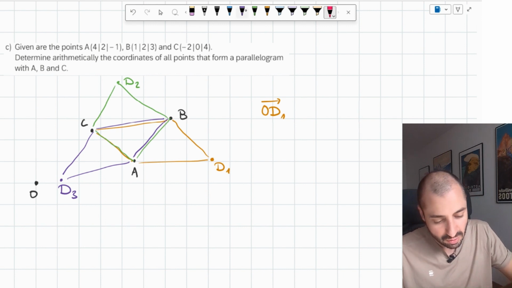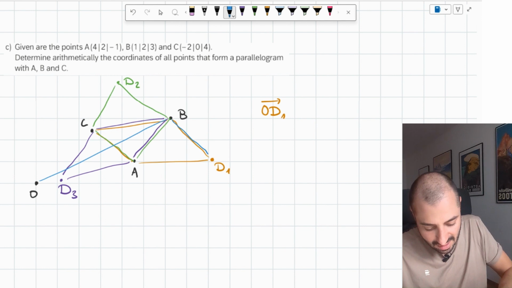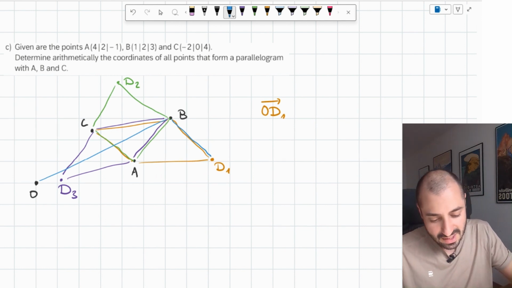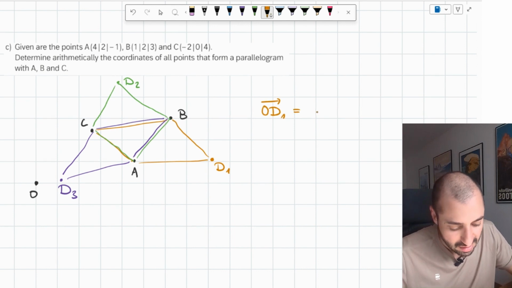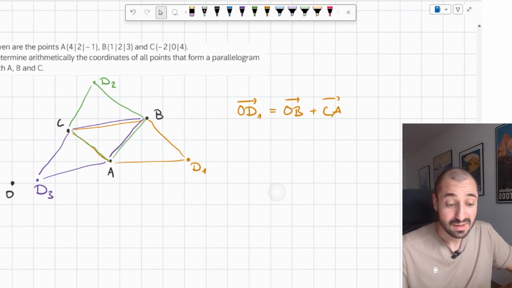So we want to go up here and then down here. So that would be equal to OB plus CA, and we will get the coordinates of the point D1.